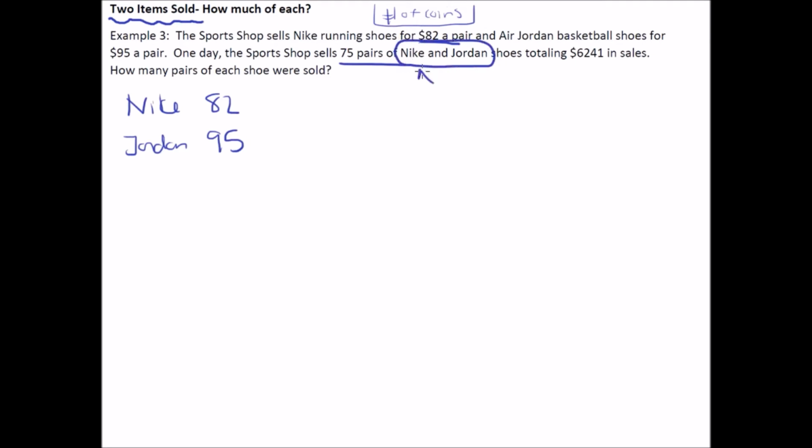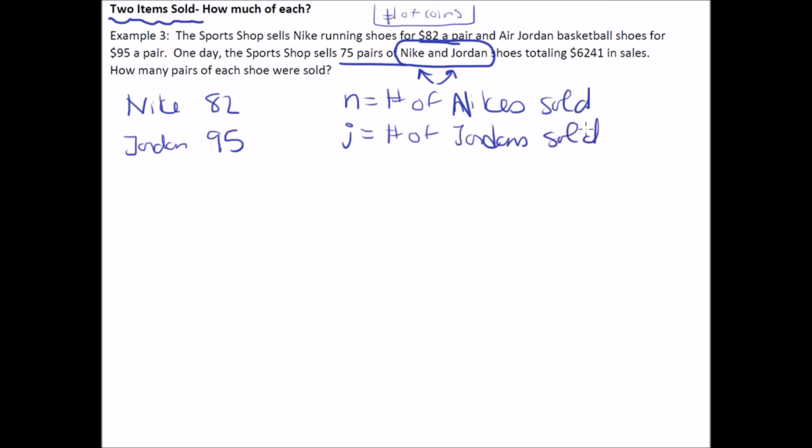Okay, this is the important part, Nike and Jordan. So these are the two things that we're talking about. So let's go N and J. N is going to be the number of Nikes sold, should be capital N, and then J is going to be the number of Jordans sold. We know that together we're going to sell 75 pairs.